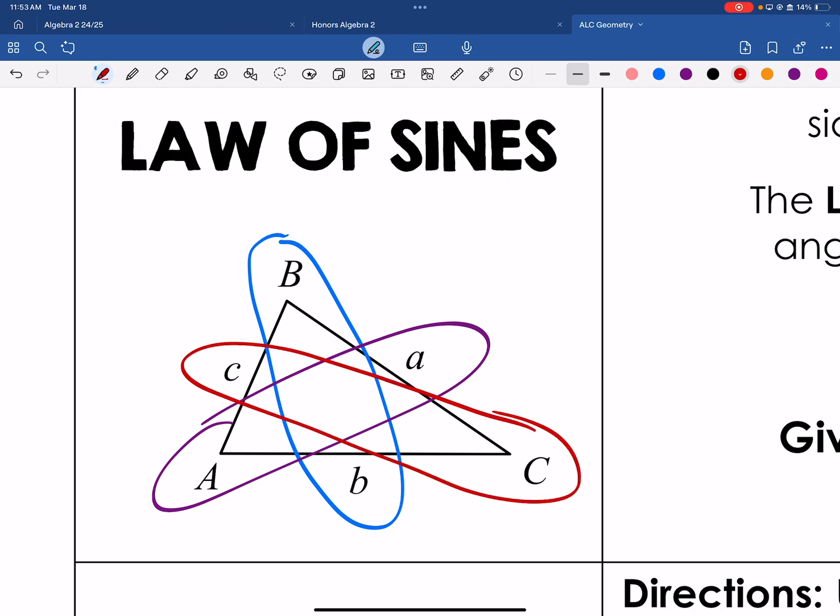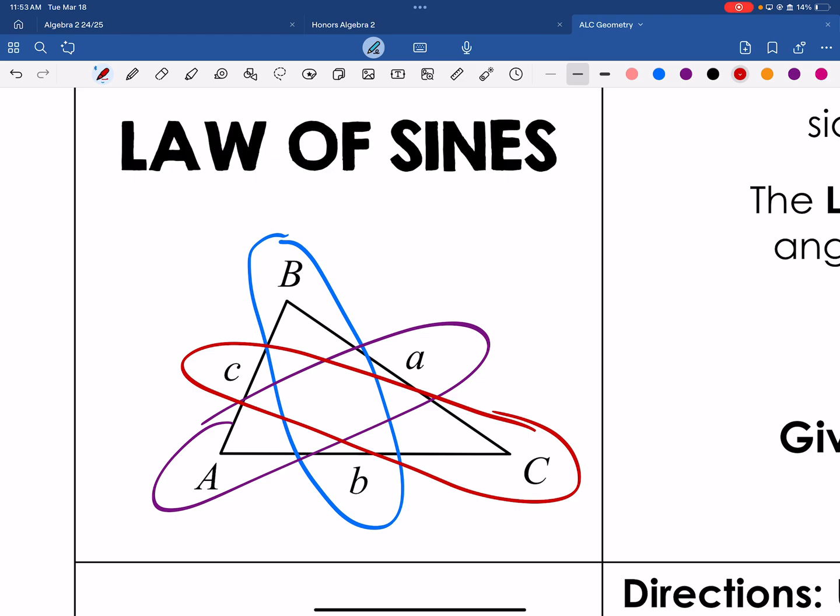And one of the things that we have to have when we're using the law of sines is we need to know the measure of one angle and the measure of its opposite side. And then you just need one other thing to find everything else.